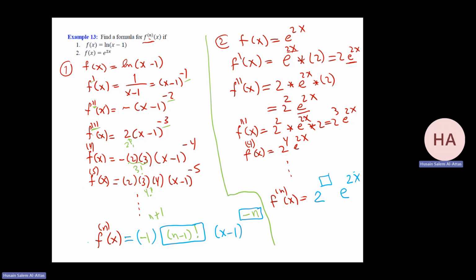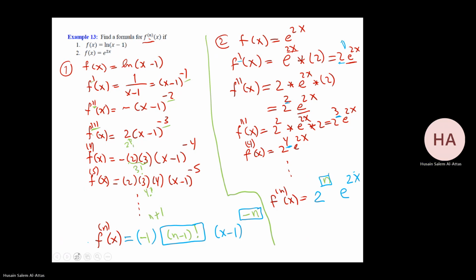For the first, it's 2 to the power 1. For the second, 2 squared. For the third, cubed. The powers. For the fourth, 4. So that will be n. So it's 2 to the power n, e to the power 2x.